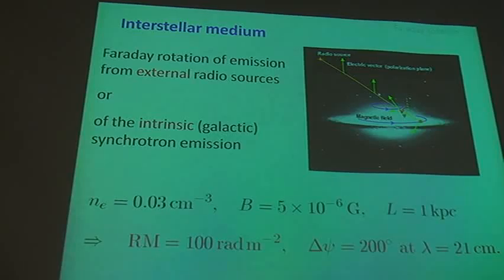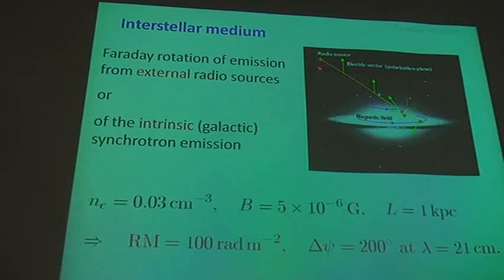Integral scale. We are sitting somewhere here within the galaxy. And there are quite a large number of sources of polarized radio emission in the universe, mainly quasars and radio galaxies. So we see such a radio source. It emits some polarized emission with some electric vector, and the Faraday rotation in the intergalactic space is rather weak, mainly because the plasma density is low.